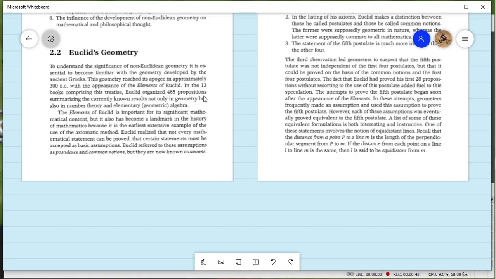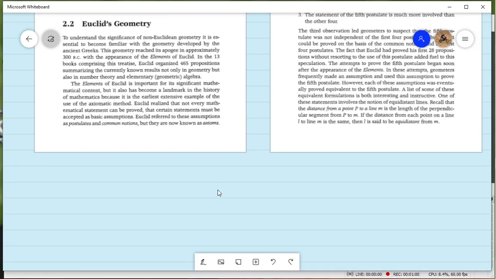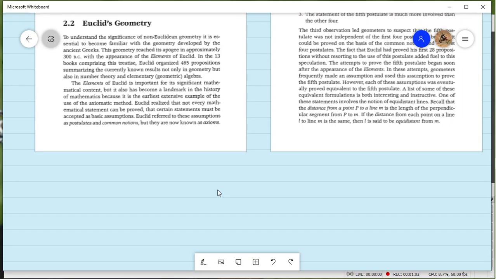This is a 13-volume book, a collection of 13 books written by Euclid, and this was considered the main textbook when they studied geometry in ancient times.